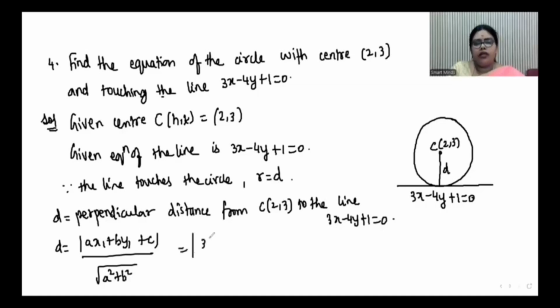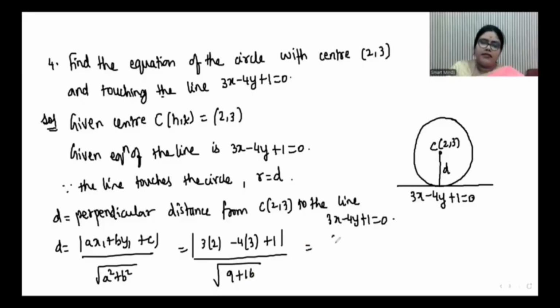That is mod 3 into 2 minus 4 into 3 plus 1 by root 9 plus 16. That is 6 minus 12 plus 1 by root 25 is 5.